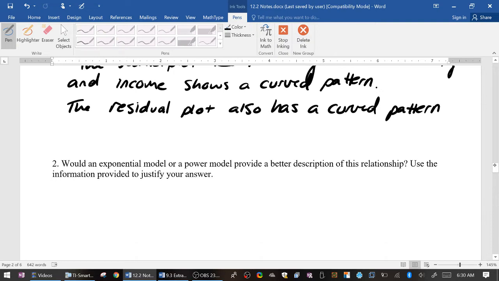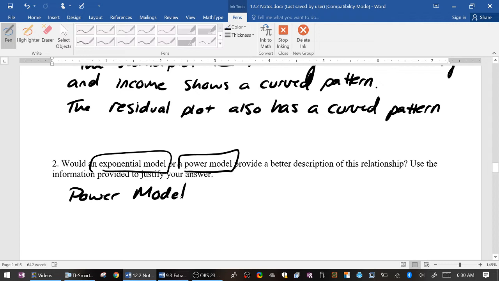It says, would an exponential model or a power model provide a better description for this relationship? Okay, so what we can say is, we'll say a power model, because that was the more linear relationship between the two.